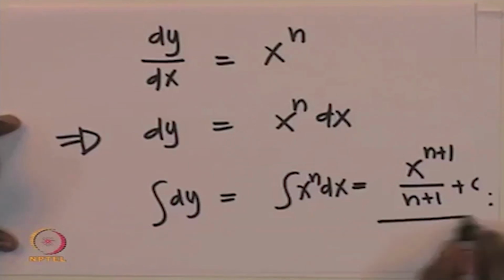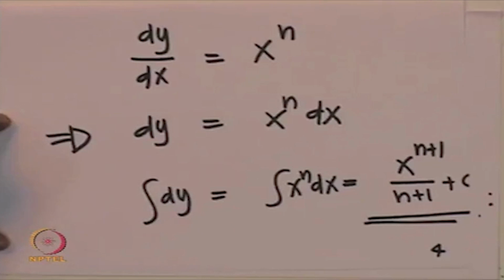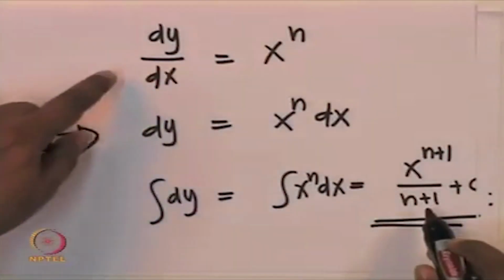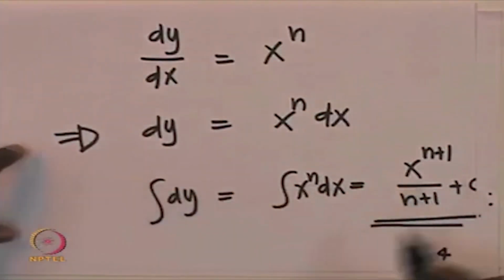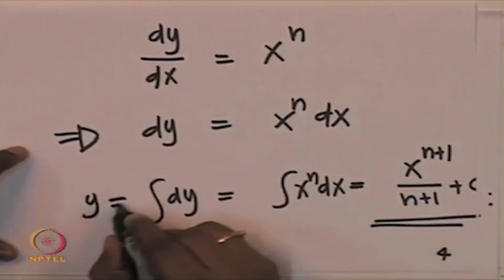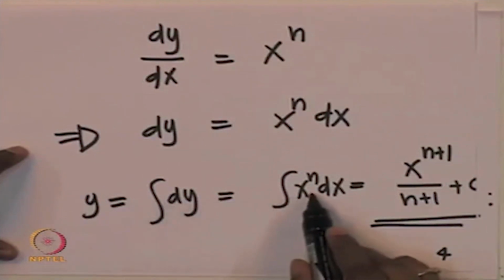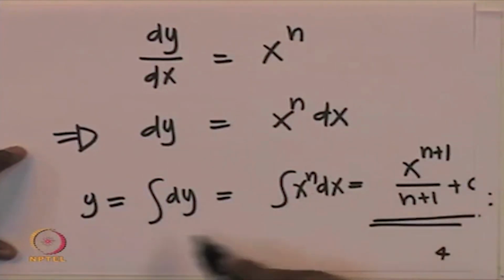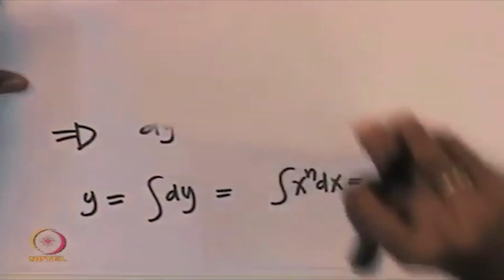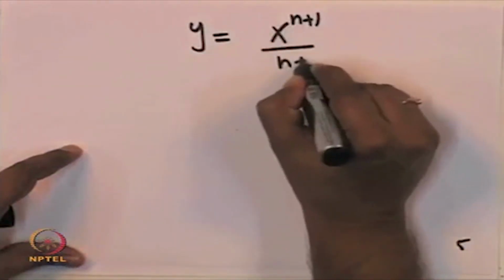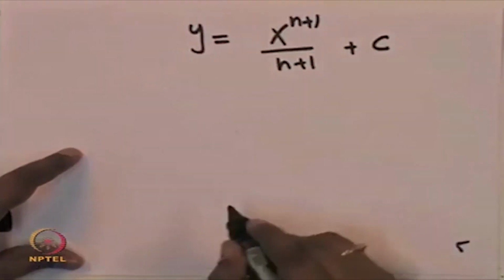Now let us find the derivative of this. To get y we integrate dy, and what we get is y, which is nothing but this. So we found that y is equal to x power n plus 1 by n plus 1 plus a constant c.